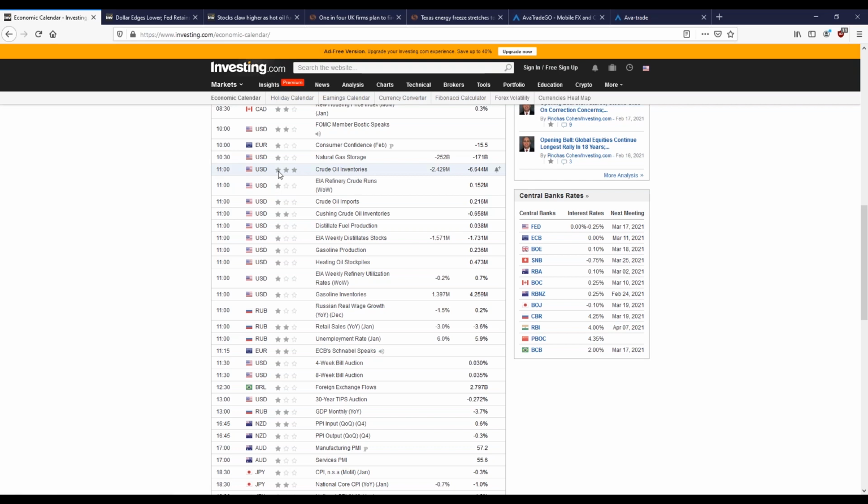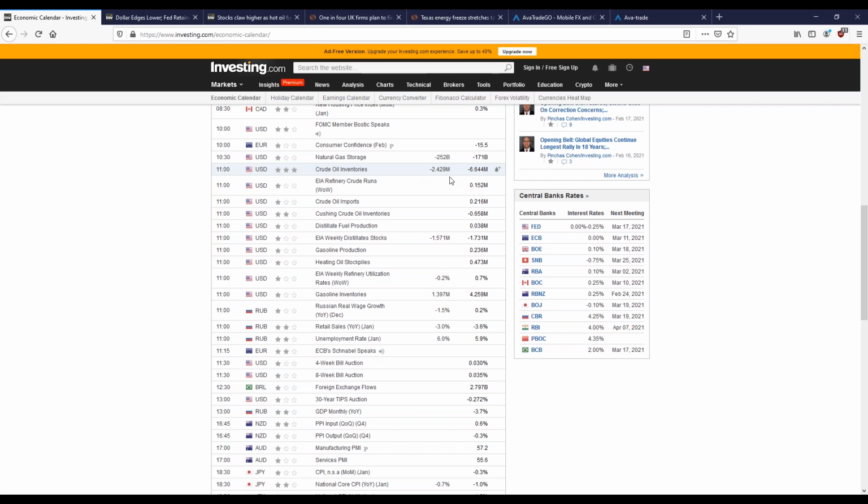And you see it's a 3-star announcement, meaning high volatility expected with that news as it comes in. The general effect here, if crude oil inventories are higher than expected, that tends to pull oil price down. And if they're lower than expected, that tends to drive price up, meaning less supply, higher price.